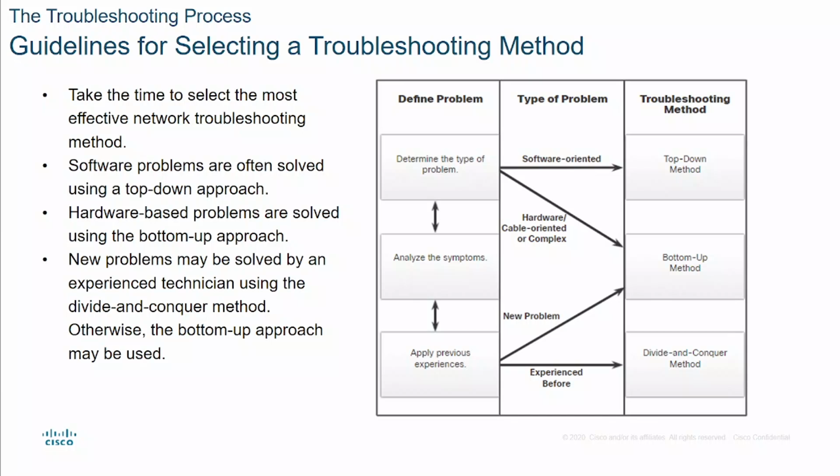So software-oriented problems use top-down, and hardware problems use the bottom-up approach. New problems can be done using either bottom-up or divide and conquer. Problems experienced before can be done using the divide and conquer method.